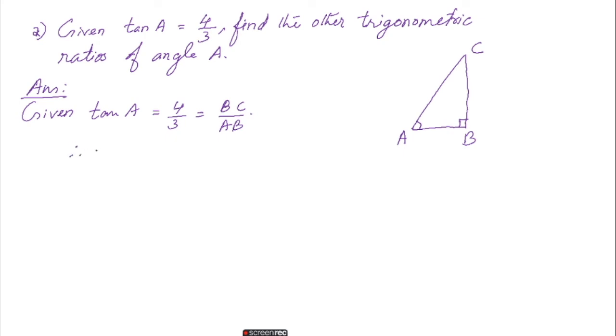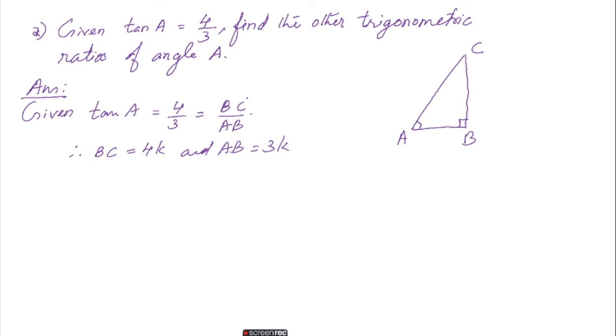Therefore we cannot write BC equal to 4, but BC will be a multiple of 4. So we will write it 4k, and AB will be the same multiple of 3, that is 3k. I hope all of you understood.